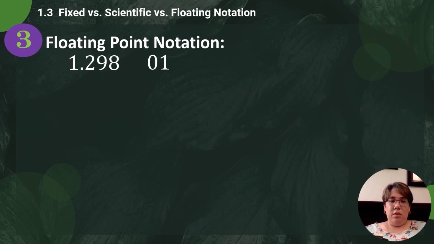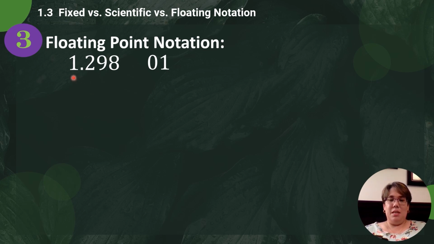The final notation is called floating point notation. And floating point notation is very similar to what I call calculator notation, because typically the only time you see this is on a calculator. Typically it's written kind of funny. And when you see it in WebAssign, it often is kind of tricky. So you'll see it in WebAssign a lot of different ways.